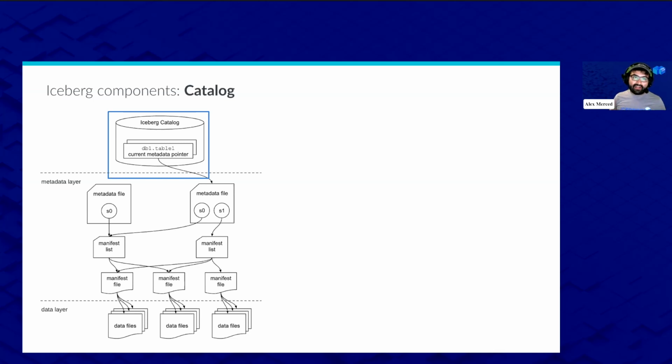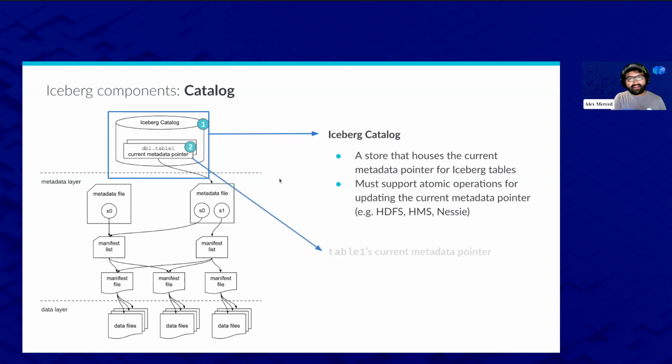But the catalog is generally going to be something that can have ACID guarantees and provide a lock. So this could be something like a Hive Metastore. There's actually an open source project called Project Nessie that's specifically created to play that role for Iceberg, that offers Git-like functionality and a lot of other cool stuff. I'll mention that again later.